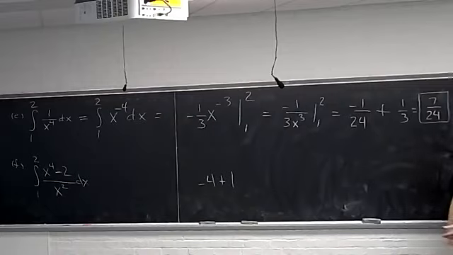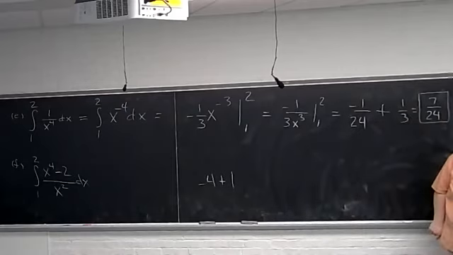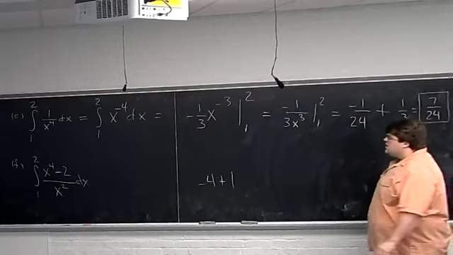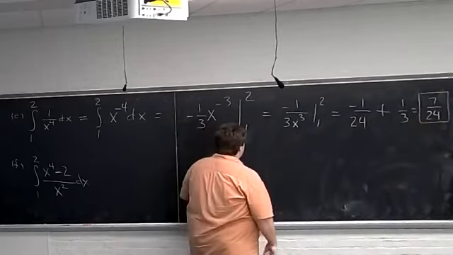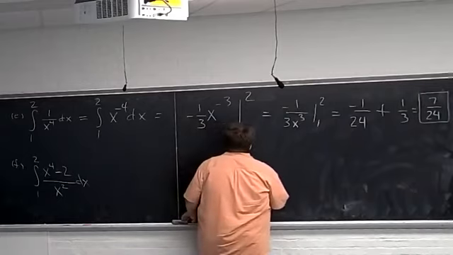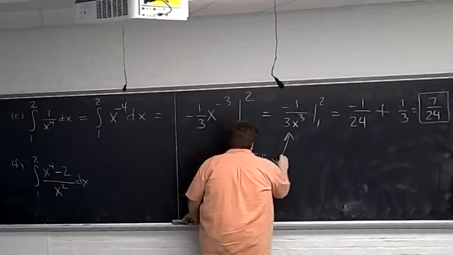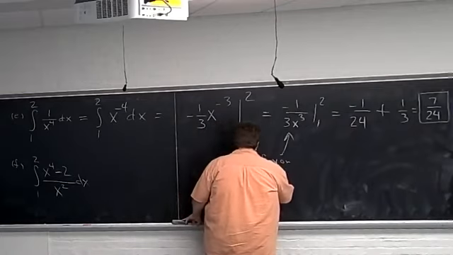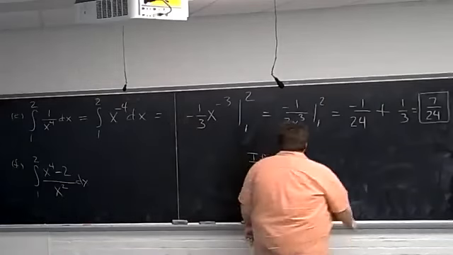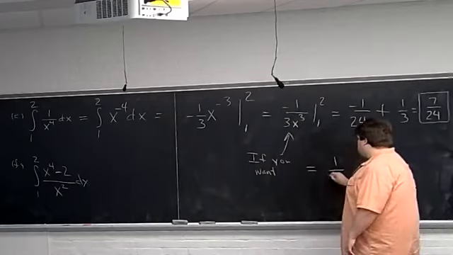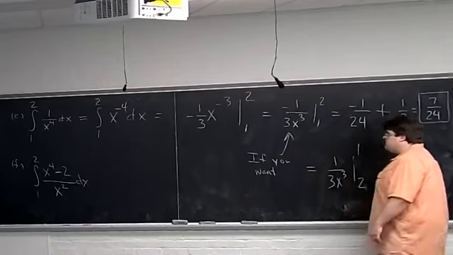Now, I'd like you to notice there are a lot of negatives in this one, and in part D there were negatives too. If you wanted to get rid of the negatives, what you could have done was say that that equals 1/3 x cubed, but flip the bounds around.